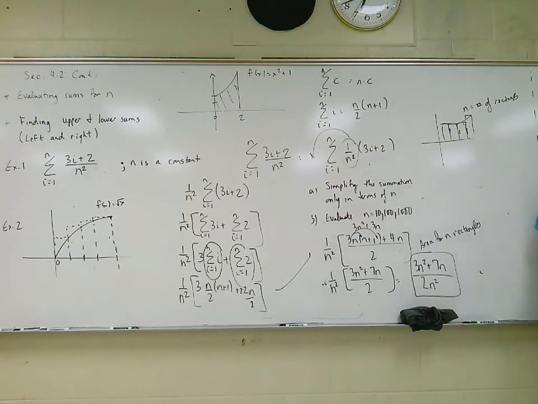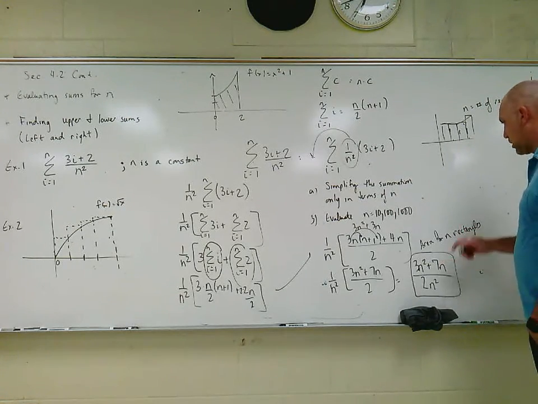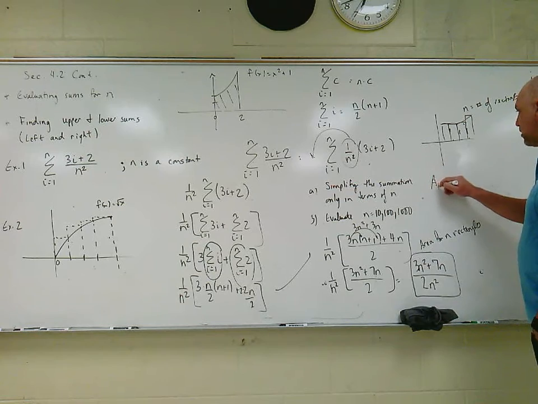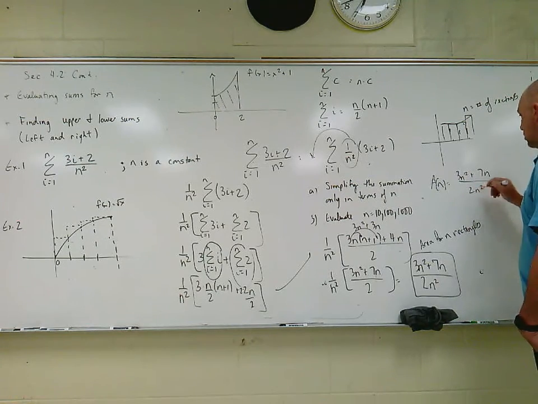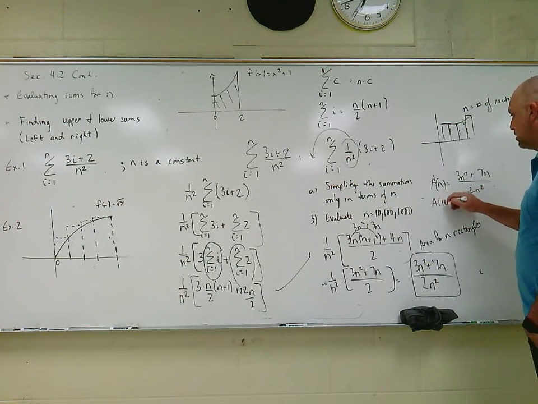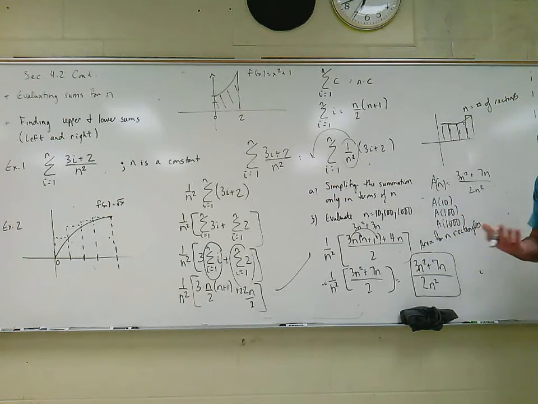Now, we can do however many rectangles we want. So now what we're going to do is plug in. If this is the area for n rectangles, you pick how many rectangles you want, and let's see if we start getting close to an answer. You can do A of 10, A of 100, and A of 1,000, and see if we start getting close to a particular value for the area.